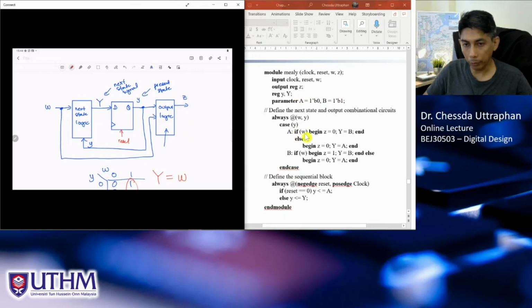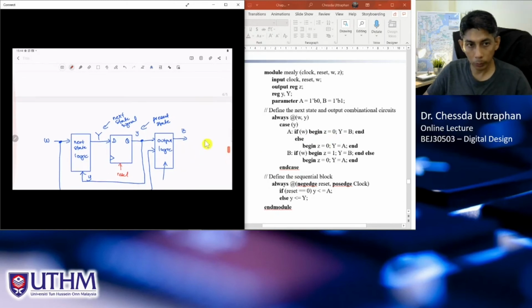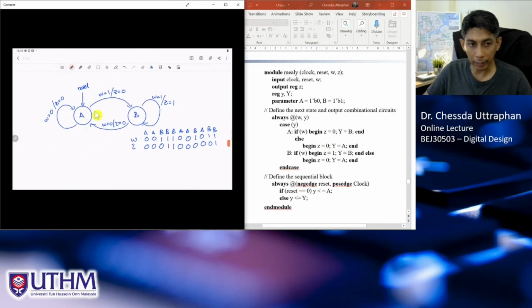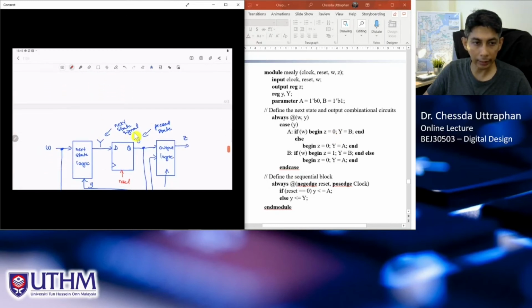So if W equal to 1, if we are in state A and W equal to 1, Z should be equal to 0. And the next state, what is next state? Next state is capital Y, see?